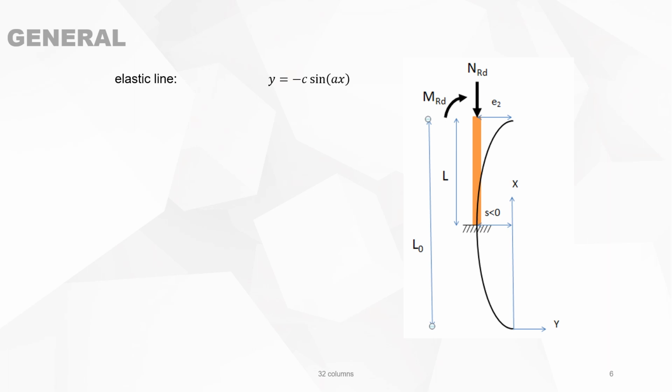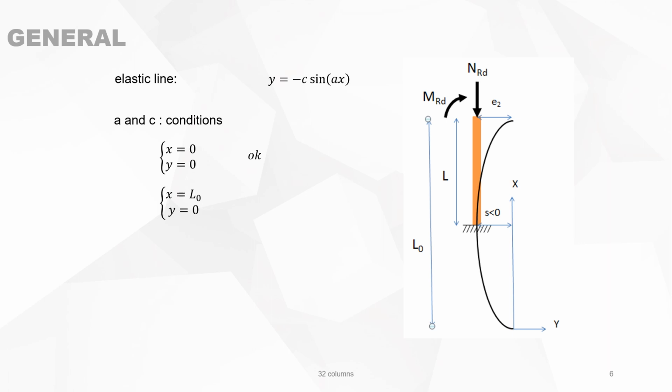The equation of the elastic line, we have seen that it is, in our reference axis, Y equals minus C sine AX. And A and C we will find by the conditions at the beginning. When X and Y are 0, then it is okay, then this is fulfilled.